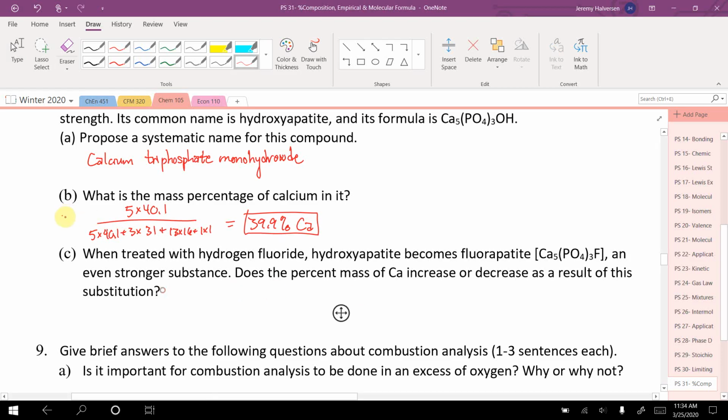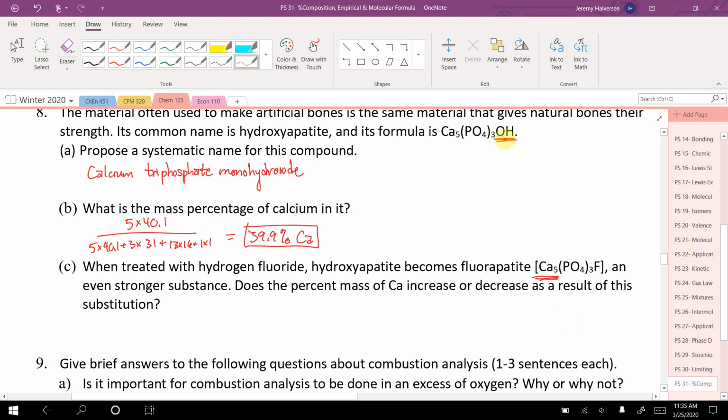Well, there's only 2 things I can change. I can change the amount of calcium, and I can change the total mass. In this case, the amount of calcium doesn't change, but the total mass does because I replace a hydroxide group with fluorine.